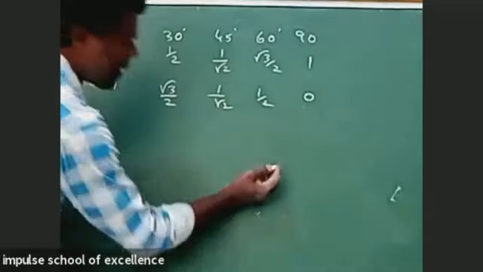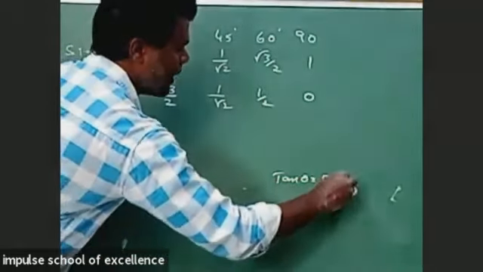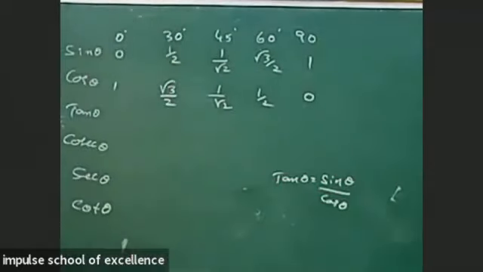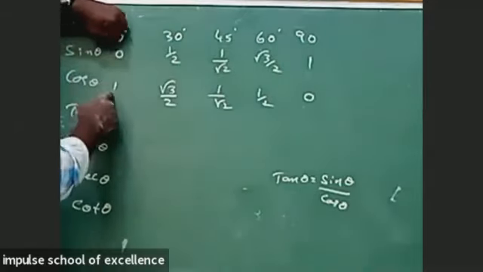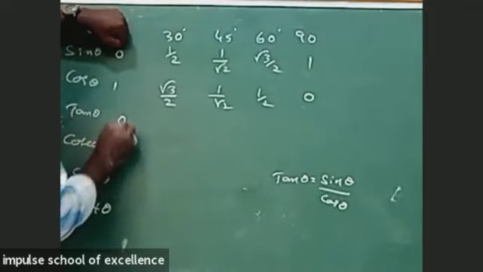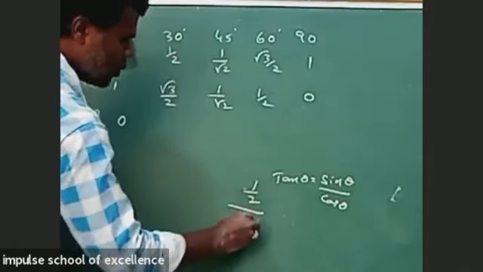Tan theta we can write as sin theta by cos theta. So that means 0 by 1. 0 by anything is equal to 0. So that is 0. Here, 1 by 2 whole by root 3 by 2.